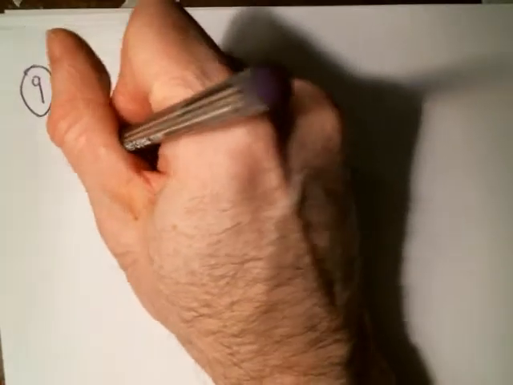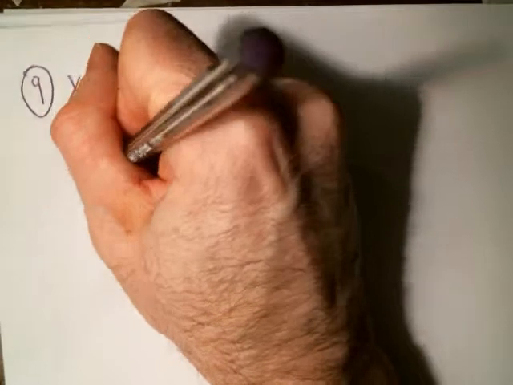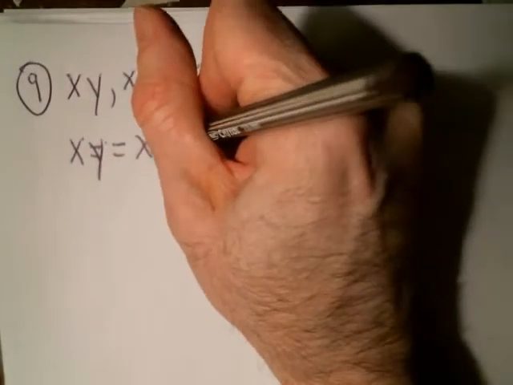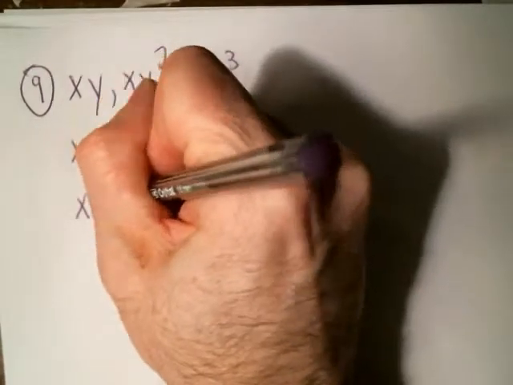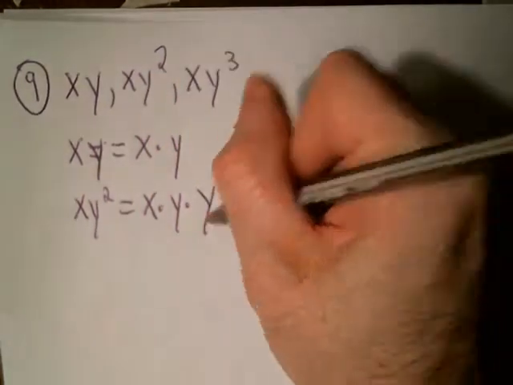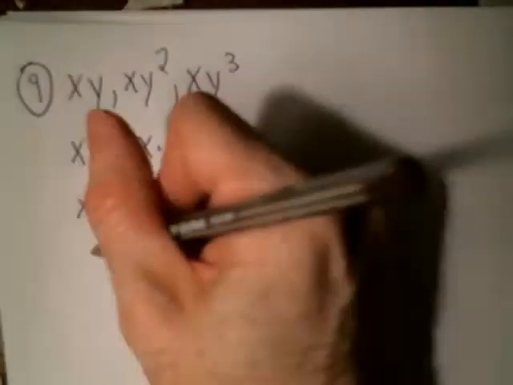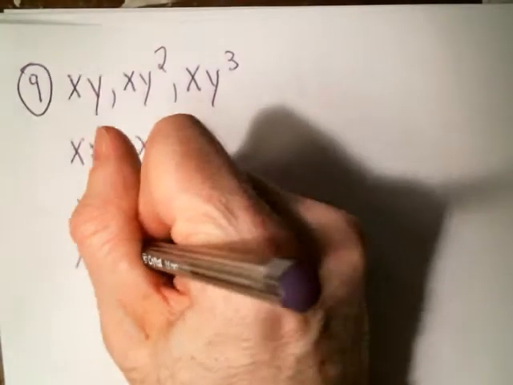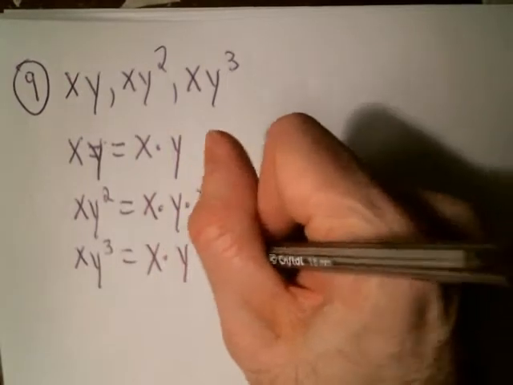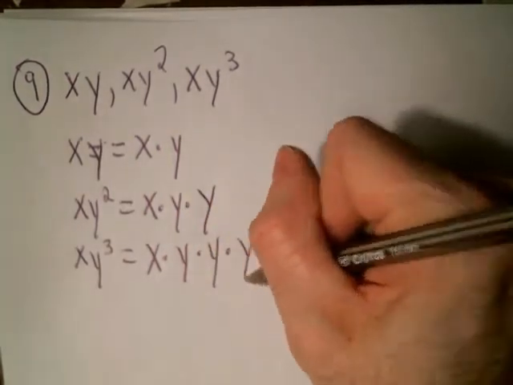I do the same process, okay? So x times y, it's already factored basically. I'll just rewrite it, x times y. And then xy squared. So that will be x times y, and then xy cubed. So that'll be x times y times y times y.